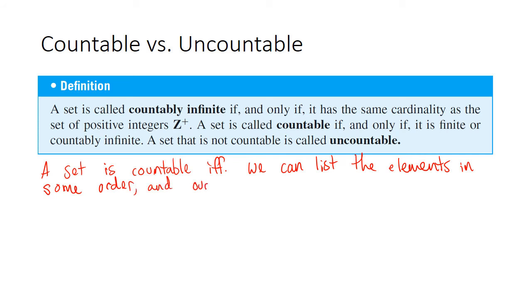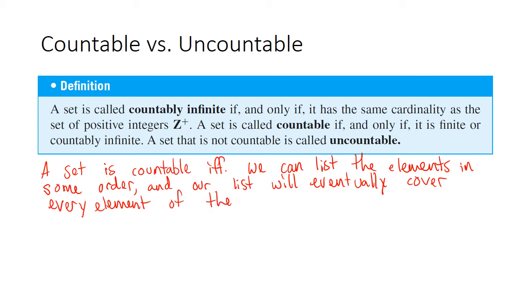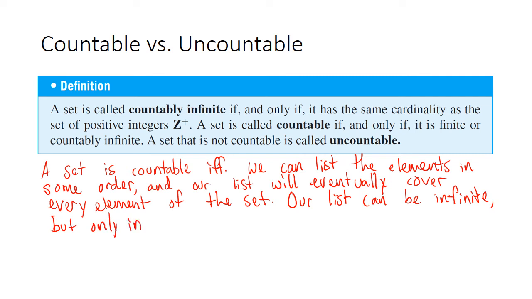And our list will eventually cover every element of the set. So we can list all the elements starting somewhere, and then we can go on for as long as we want. Our list can be infinite, but it can only be infinite in one direction. So it can't go in both directions like the integers.